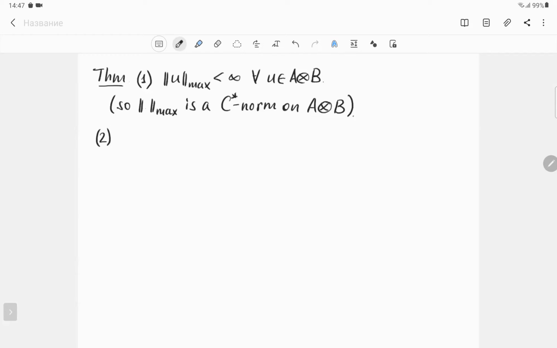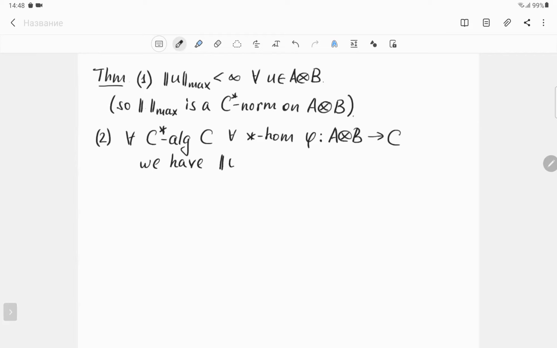Property 2: for each C-star algebra C, and for each star homomorphism phi from the algebraic tensor product of A and B to C, we have the following inequality.